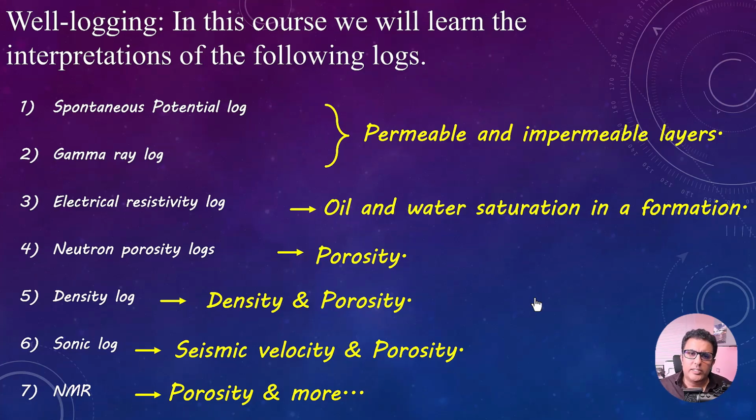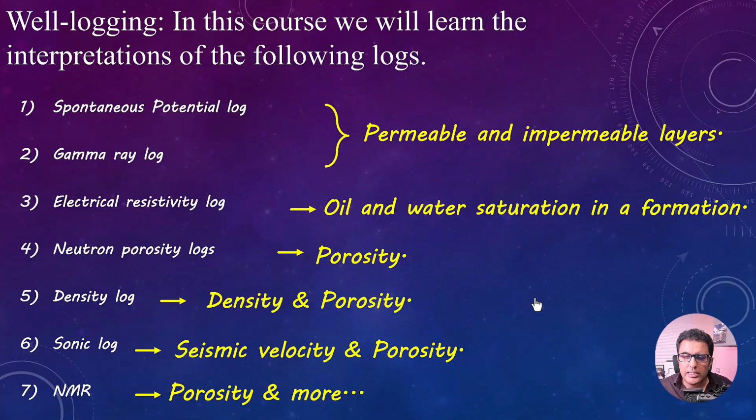And the reason why different logs have been developed to estimate porosity is that each of these logging tools measures the porosity with respect to a specific physical property. And this is how, if we combine different logging tools, for example, neutron porosity log and density log, if we combine their data, we can have a more accurate estimate of the porosity.